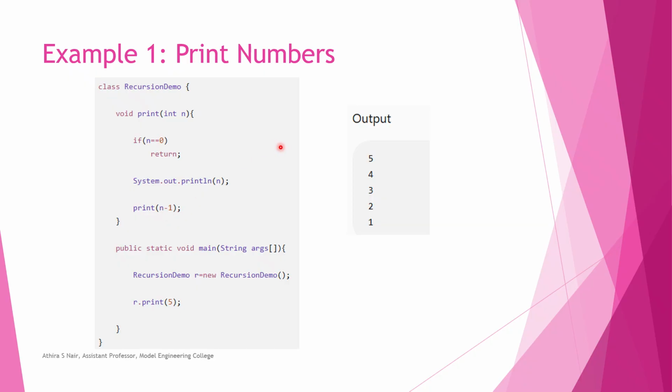Then it calls print(3), print(2), print(1). And when we reach print(0), the condition becomes true: if n equals 0, then return. So the method stops.